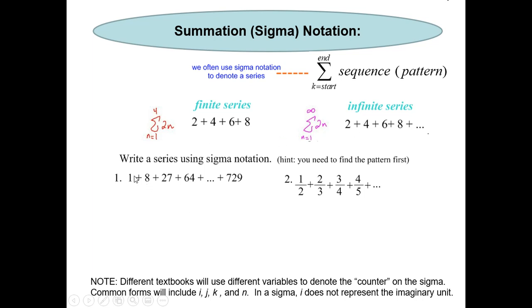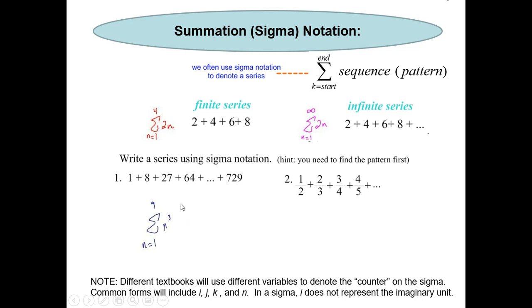Let's take a look at some a little bit more complicated using sigma notation. We need to find what the pattern is. Here, 1 cubed is 1, 2 cubed is 8, 3 cubed is 27, and so on. Our last one would be, I'm sorry, 9 cubed, not 7 cubed.